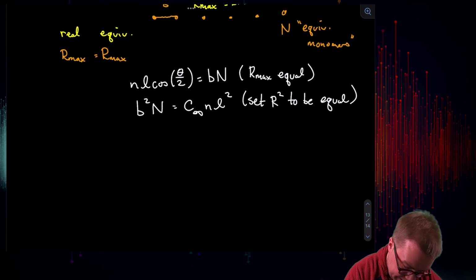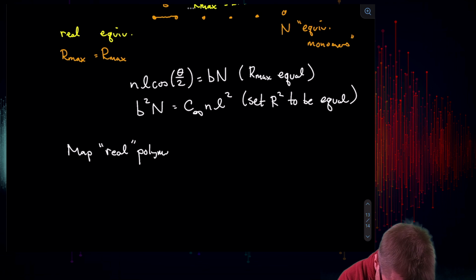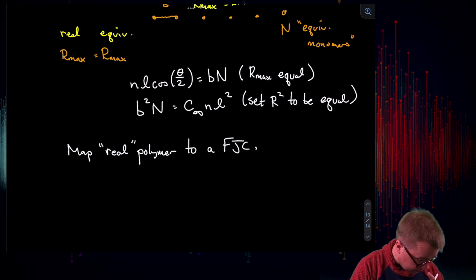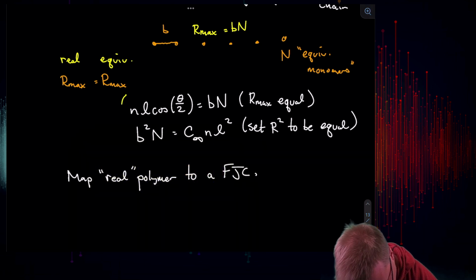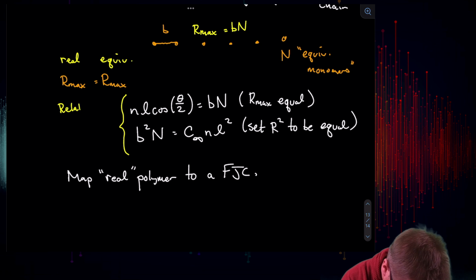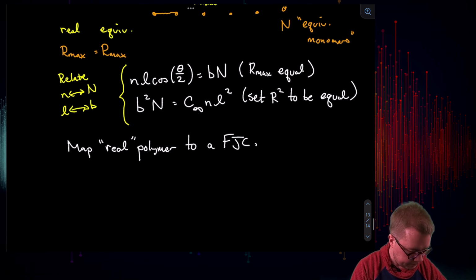Okay, so doing this, we can map the real polymer to a fully freely jointed chain. All right, so for example, we could use these two expressions to relate the parameters, to relate little n to capital N and the bond length to the bond length of the equivalent chain.